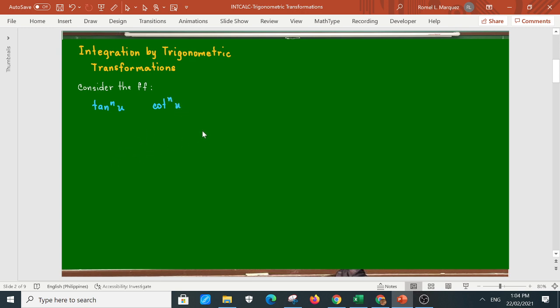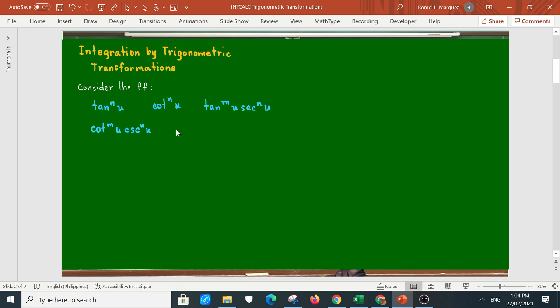What else? You have tangent to the m, secant to the n, and a combination of cotangent to the m, cosecant to the n. Look at the partners: cotangent, cosecant, tangent, secant.